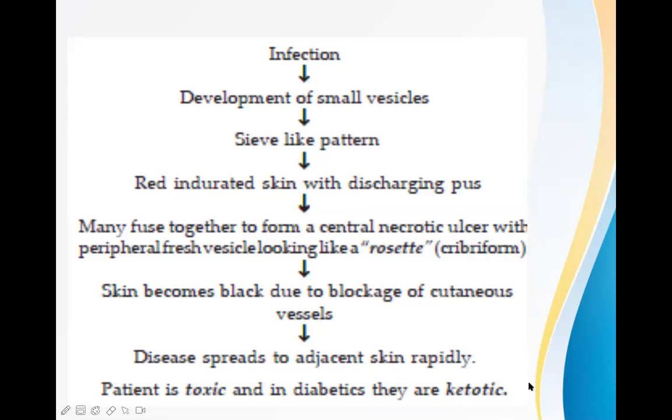Ketotic means there is a collection of ketone bodies. And in type 1 diabetes, there is a high chance of formation of ketone bodies. There are 3 types of ketone bodies. If you want to know the names, I'm going to take the names now. First is acetone. Let me write this for you because this is important knowledge for you. There is no hurry actually.